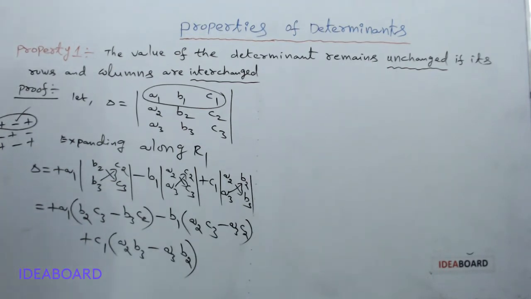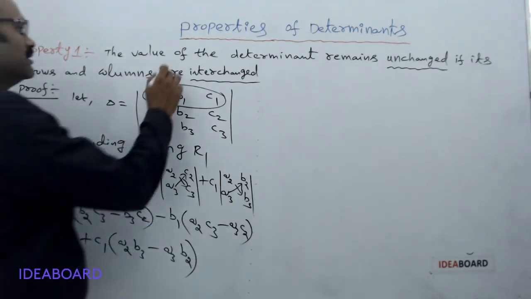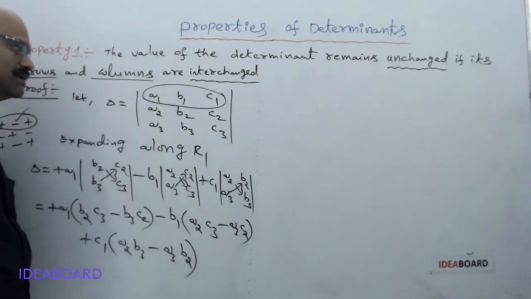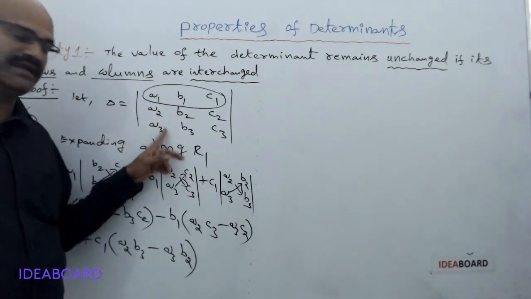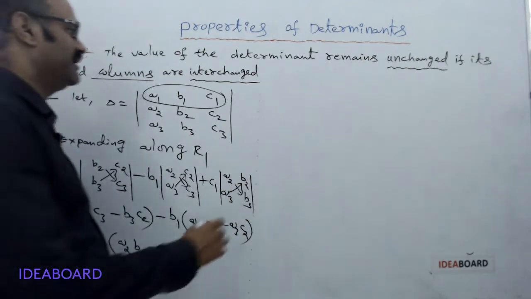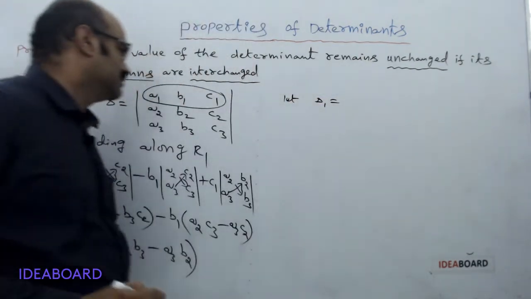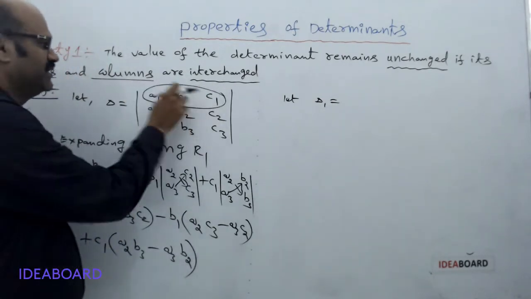Now by interchanging the rows and columns of this delta, take one determinant. Let delta 1 equal to, interchange the rows into columns.